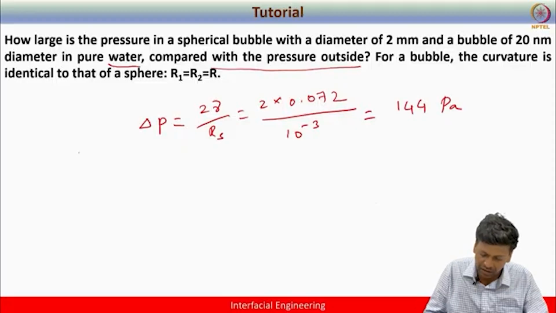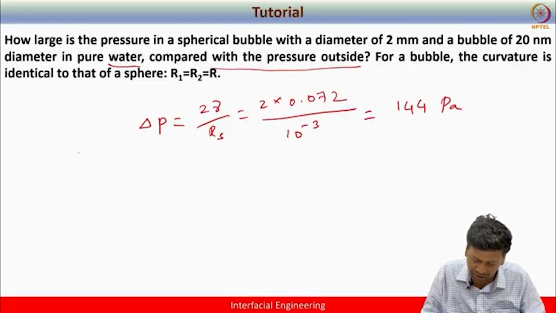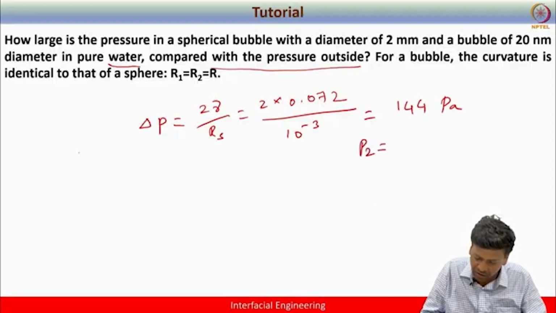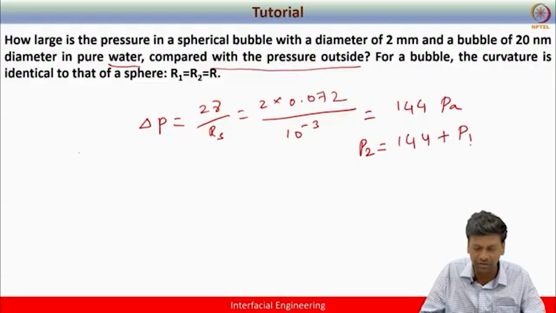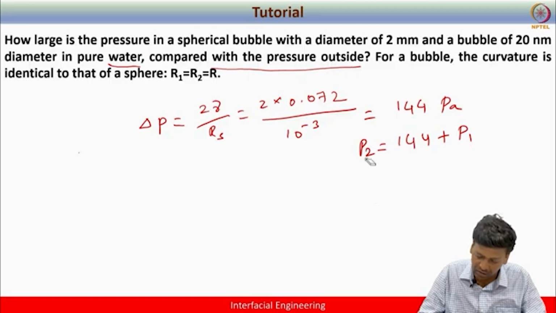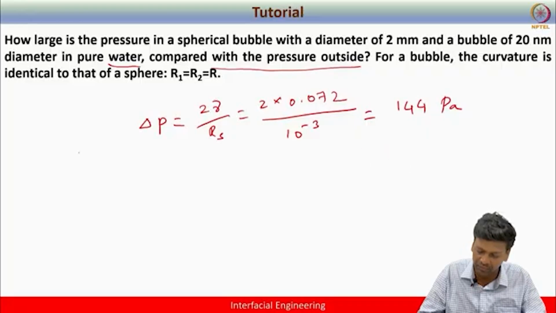You can say that the pressure inside compared with the pressure outside, maybe you can go one step further, you can say that pressure inside will be 144 plus the pressure outside, right? Or you can keep it simply as delta P, which in this case is 144 Pascal. What about the other case, which is the nano bubble, the bubble which is 20 nanometer in diameter?